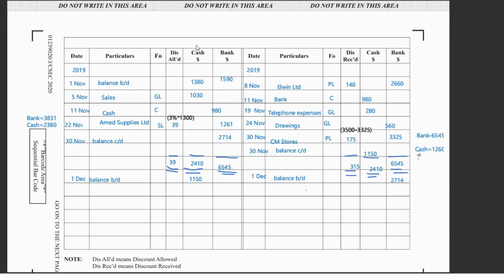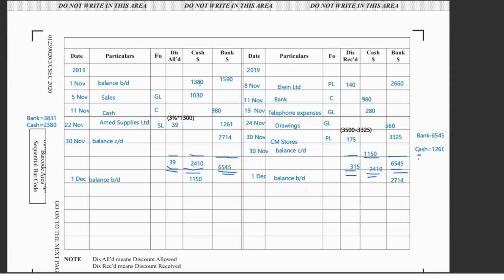All right, moving on. So on our cash debit side, we have 1,380 plus 1,030. If you put that into your calculator, you should get 2,300. Sorry.